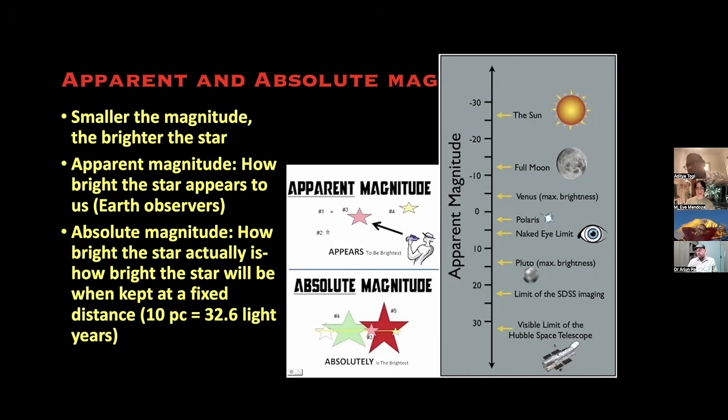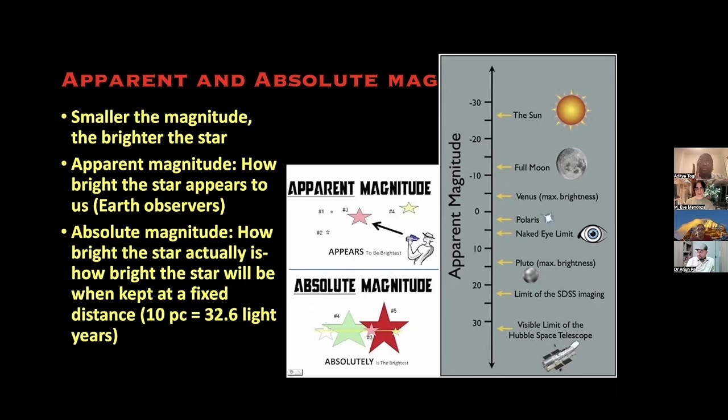Which is the brightest object in the sky? The Sun. The Sun's magnitude is minus 26 something. The full moon is about minus 12. Venus is about minus 4, minus 5. So you see, the more positive the number, the less bright. In the magnitude scale, the higher the number, the fainter it is.